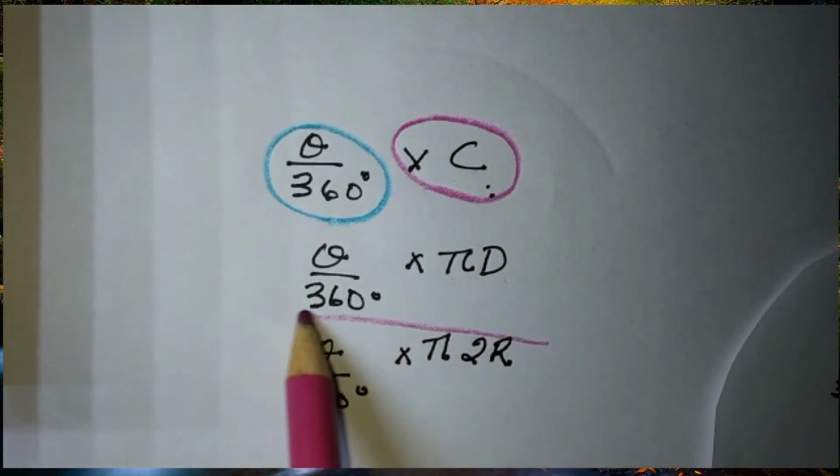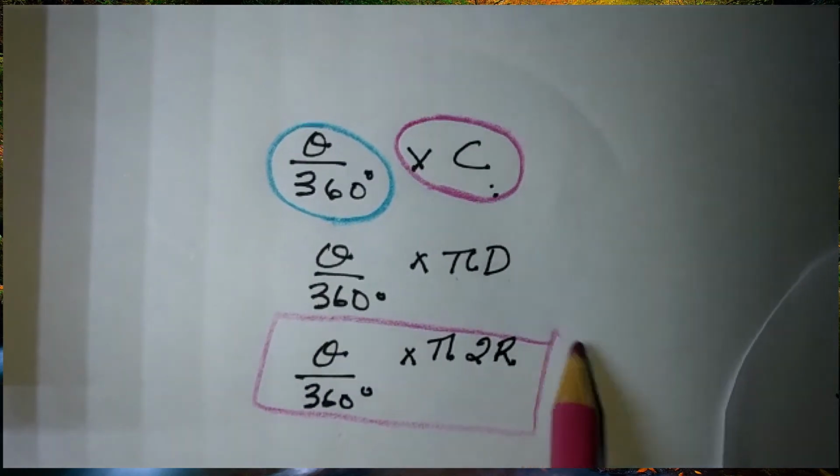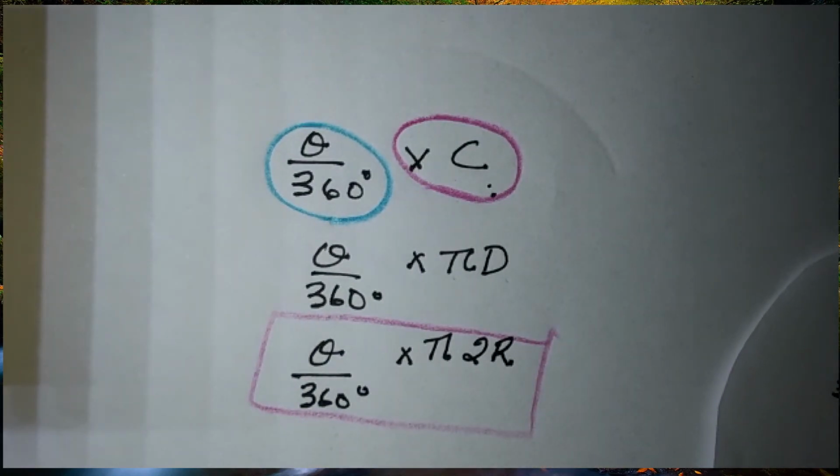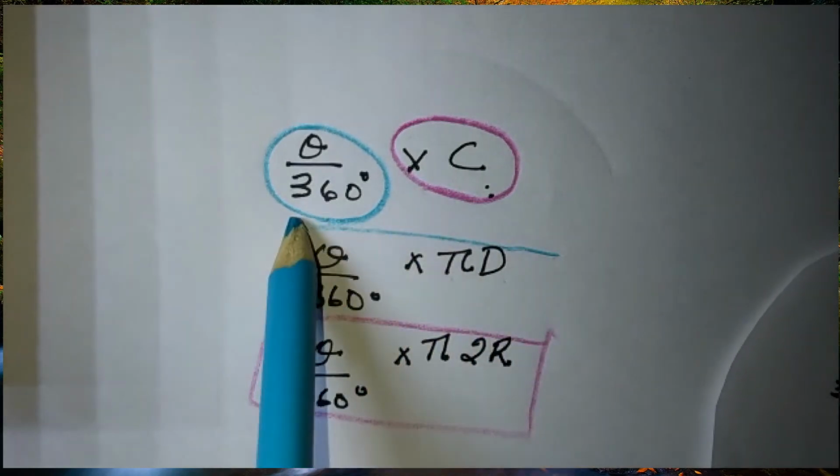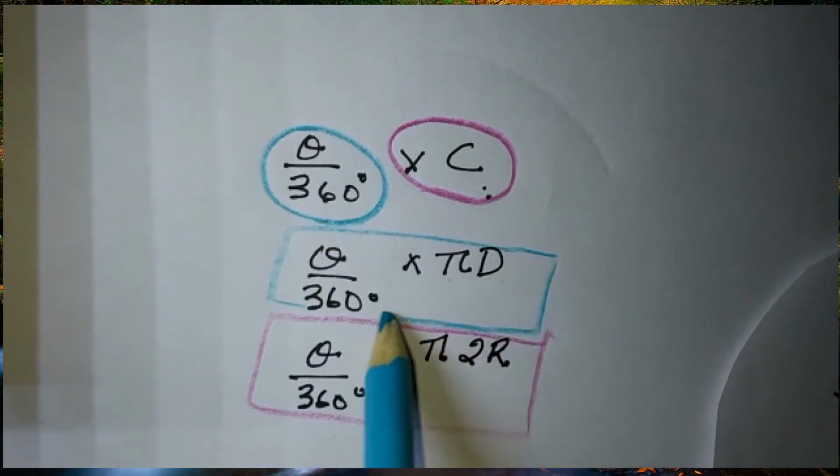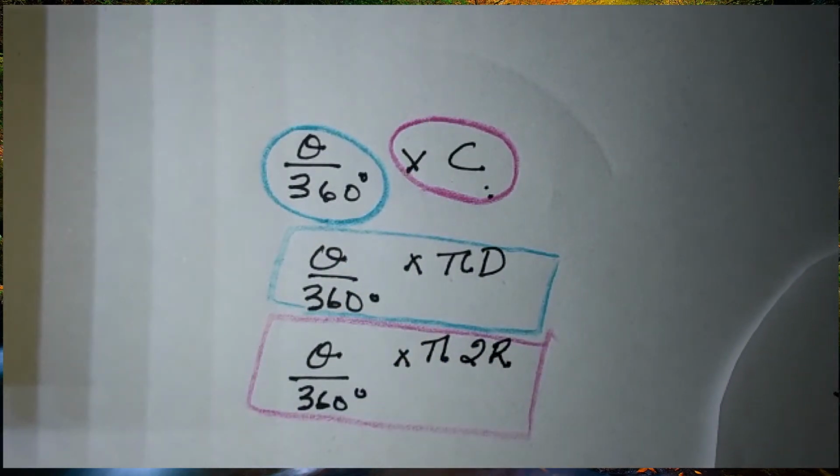Any one of them works as long as you're multiplying the fraction of the circle by the circumference of the circle. It's the same exact thing you're going to get back. And that's how you calculate the length of the arc.